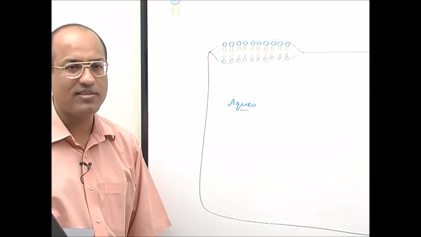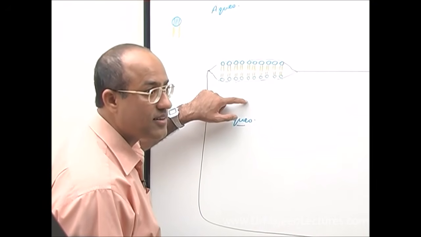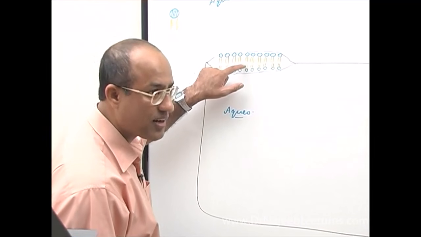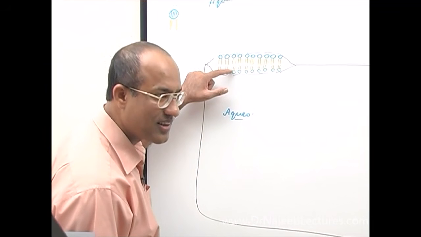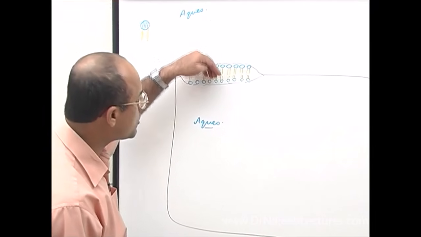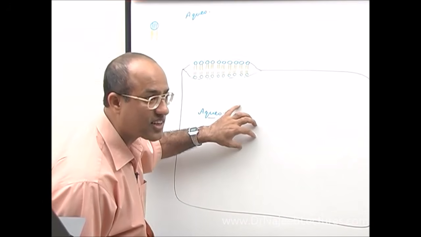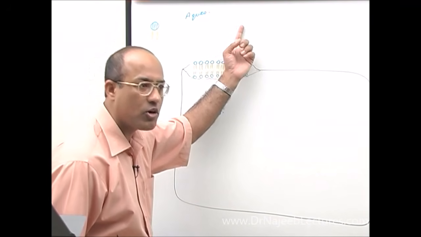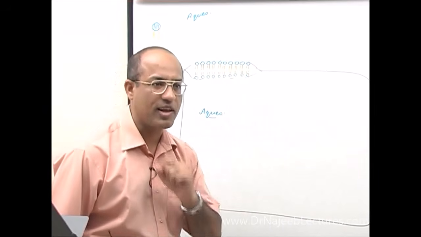No, because only those things can cross this membrane which are lipid soluble. The core of the membrane is made of lipid. If there is some substance here which is lipid soluble, it can dissolve into the membrane and come in. Or if there is any other lipid soluble substance inside, it can dissolve into the membrane and go out, right?